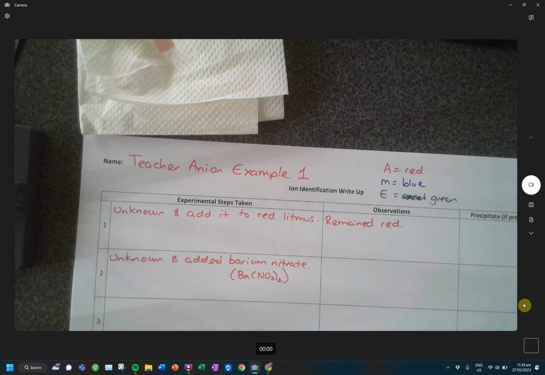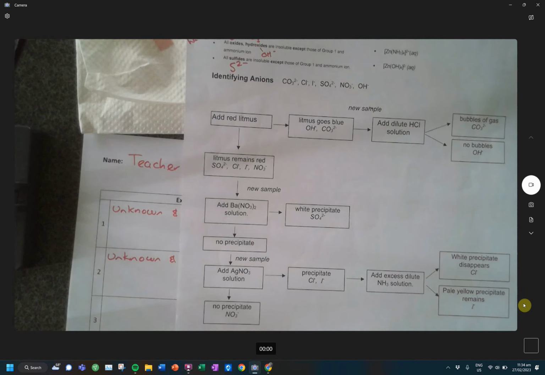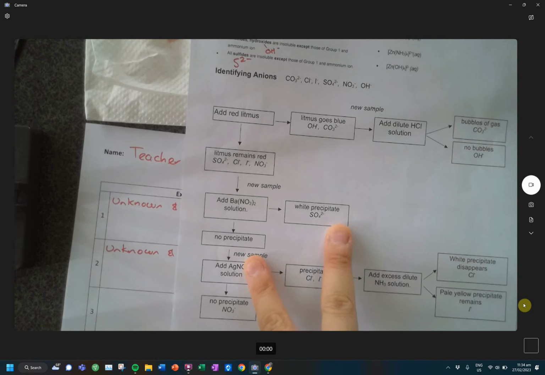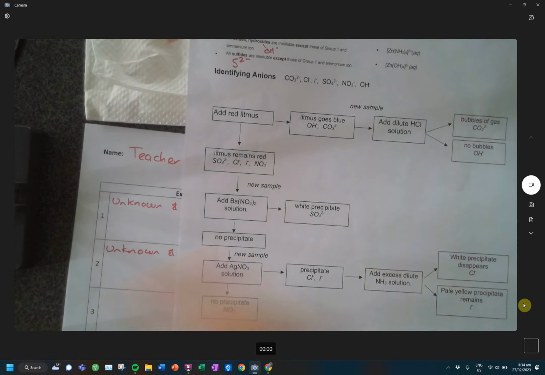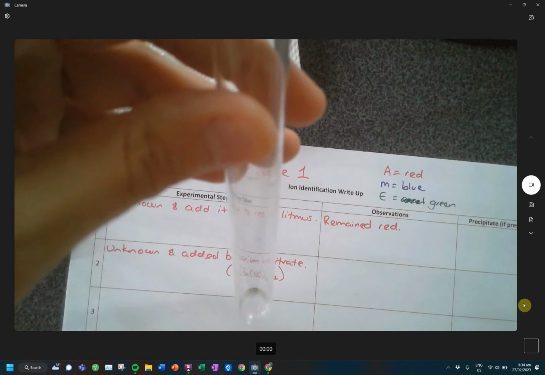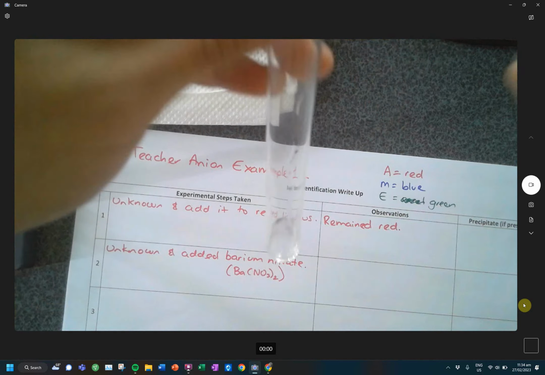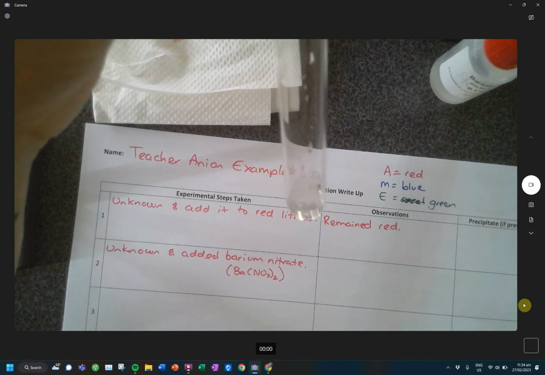Again, I have 2 choices, so what am I looking for based off the flow chart? A white precipitate or no precipitate. So we'll have that. I added a good squirt. Anything?